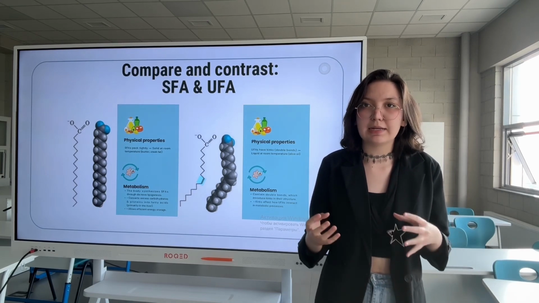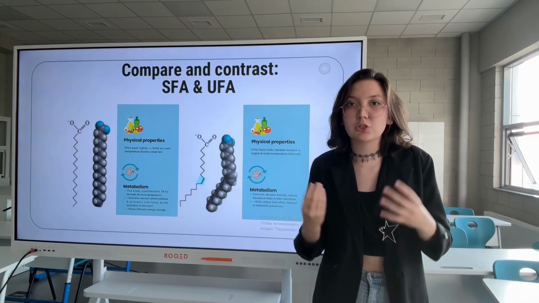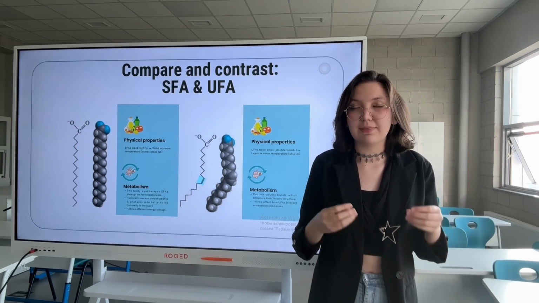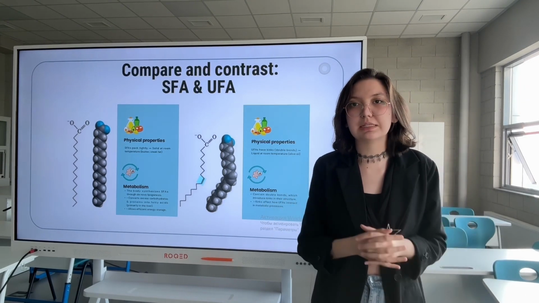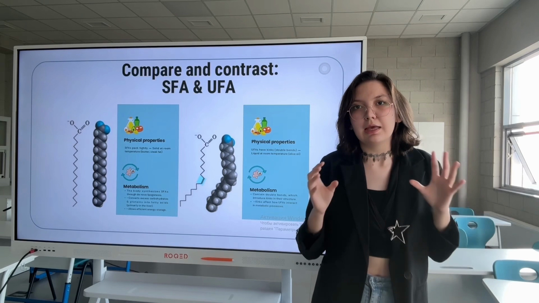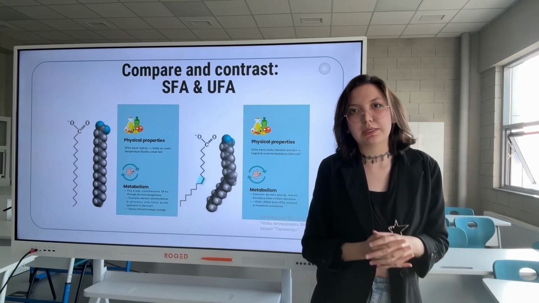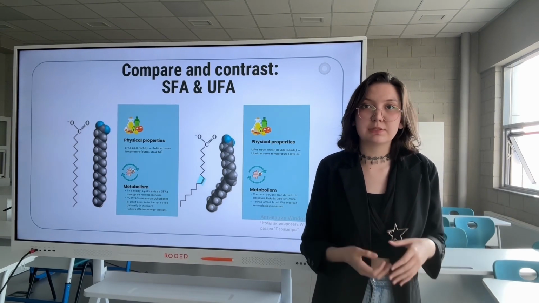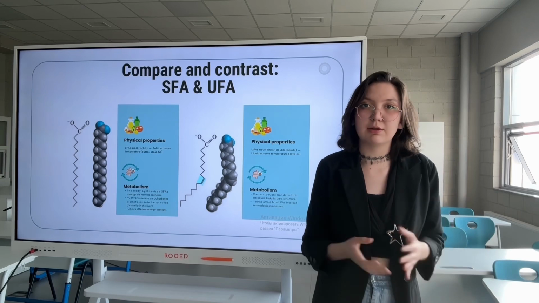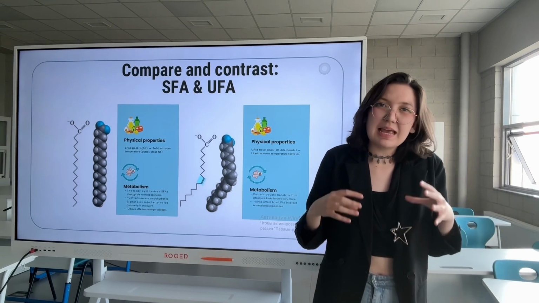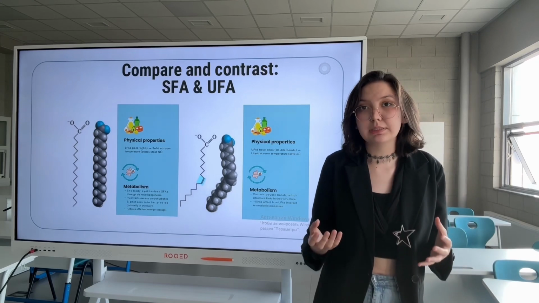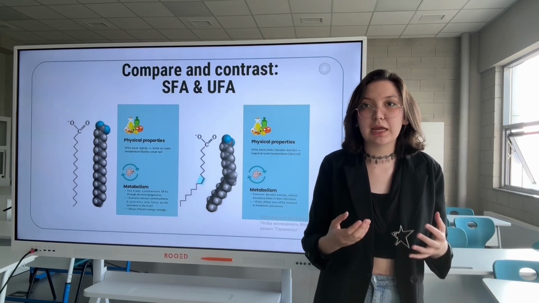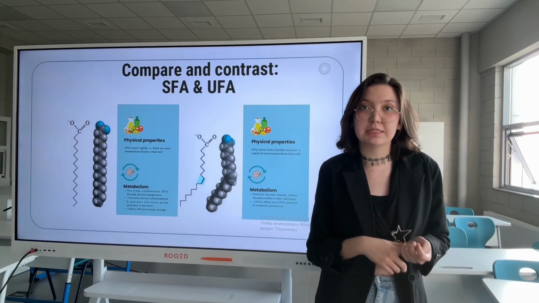Each carbon atom in the chain is fully saturated with hydrogens, which means that we can't add any more hydrogens to these carbons. This saturation with hydrogen is what gives the SFAs their name. This seemingly simple structural difference, the lack of double bonds, has a profound implication for their physical properties.